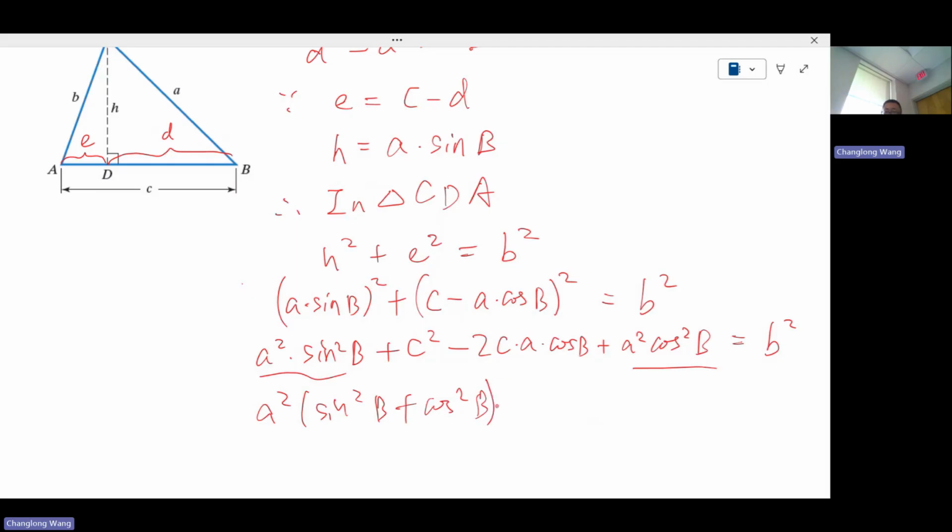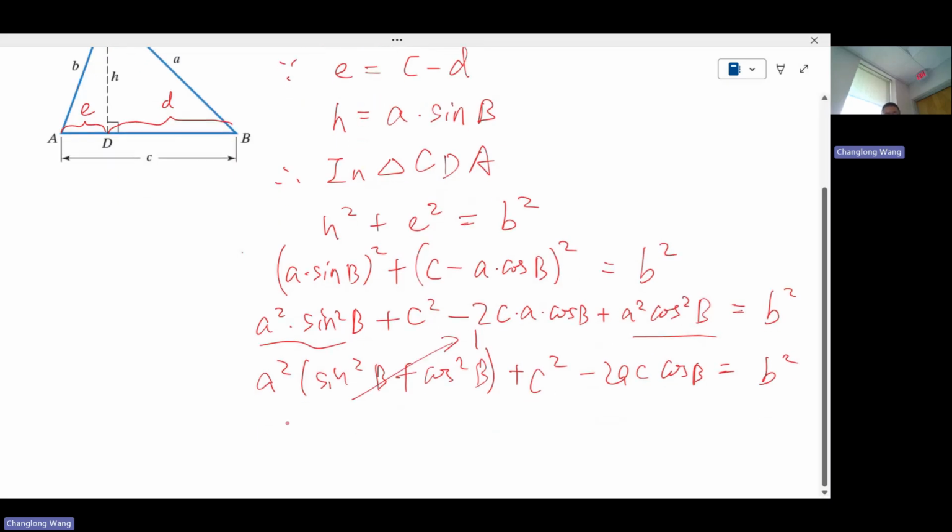Oops. Now you still have the remaining, it's c squared minus 2ac cosine b equals b squared, right? This guy is gone as 1. Now guess what? You have a squared plus c squared minus 2ac cosine b equals b squared.